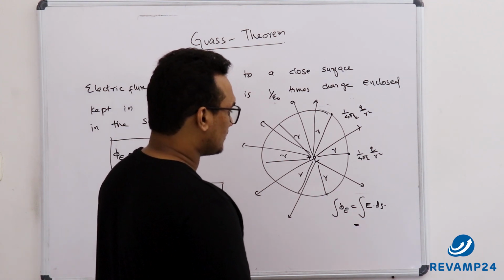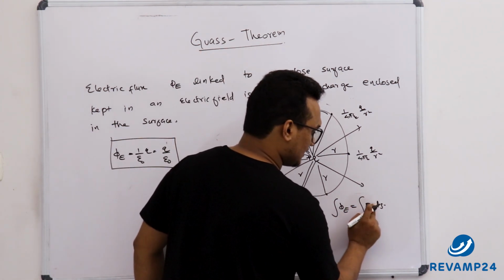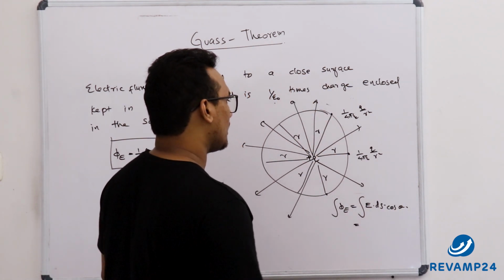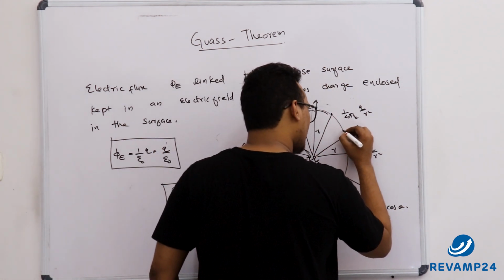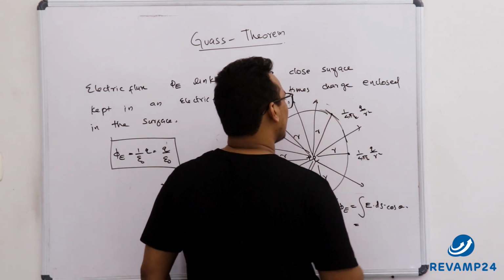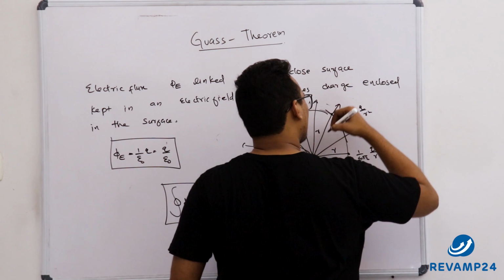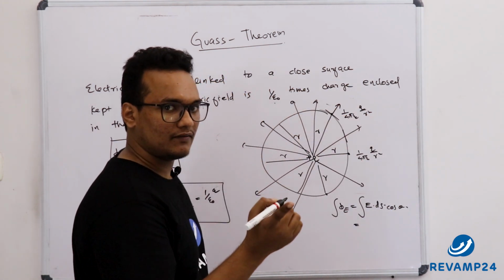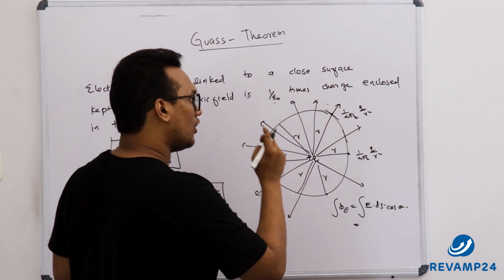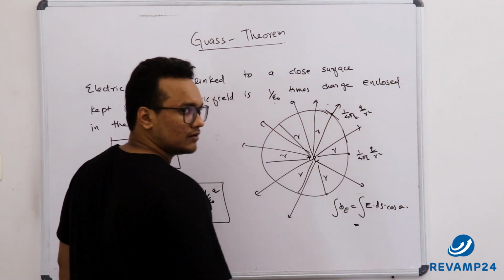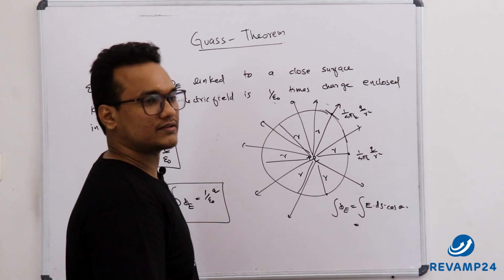And see one thing, E dot ds is nothing but E into ds into cos theta. Now what is cos theta here? At every place, if you are considering an area, its vector, its area direction, will be perpendicular to the area, and as I explained in the previous case, you always have to consider the area directed outward from the closed surface.